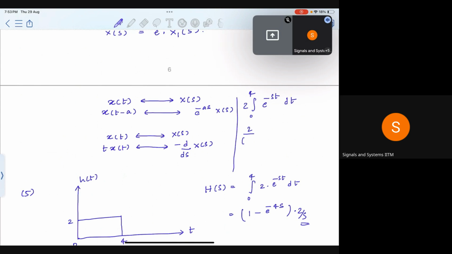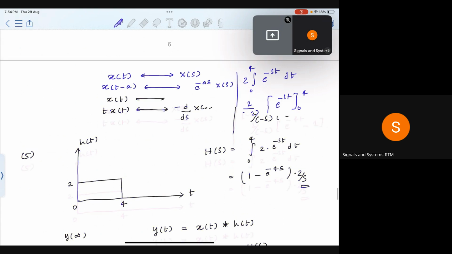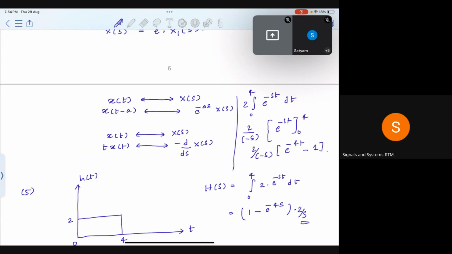This is 2 by minus s times e power minus st from 0 to 4, correct? Integral of e power at dt is e power at by a, right? That's how the 2 by s came.